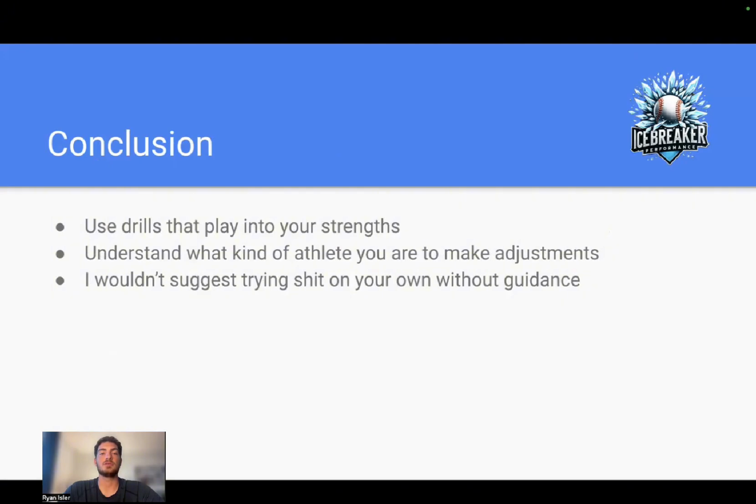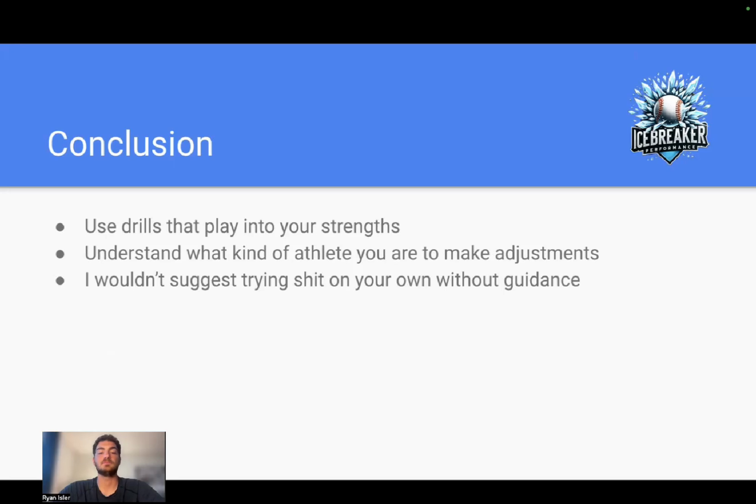If you're only doing drills that work on weaknesses and go about things the way that you don't like to move, you're missing out on patterning the way your body actually wants to move. So, yes, you should work on things that you're not good at, but you also need to do those in a way that you're moving your body in a manner that it is designed to do.